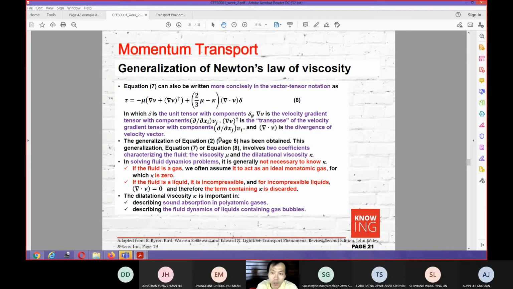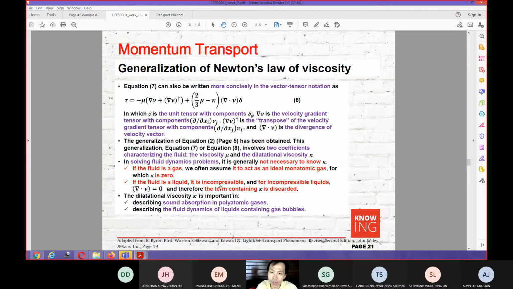If your fluid is a liquid, it becomes incompressible. Compressible means that if you change the pressure, then the density will change. For a liquid, normally if you change the pressure, the density does not change much, so it's called incompressible.